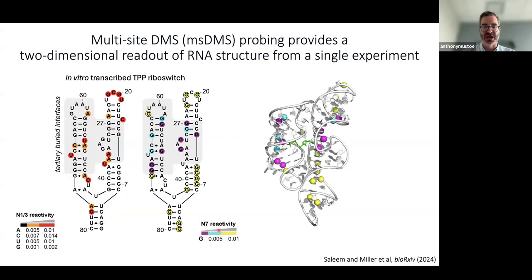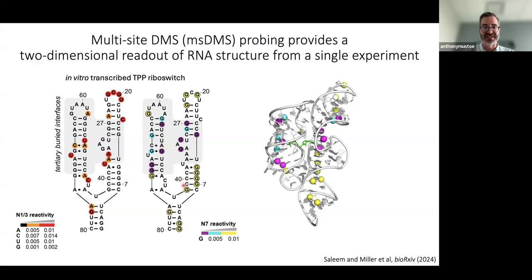But then we also get these measurements of N7 reactivity. And so here what I'm coloring as yellow are positions that are highly N7 reactive. And in purple are positions where we're seeing very little reactivity.